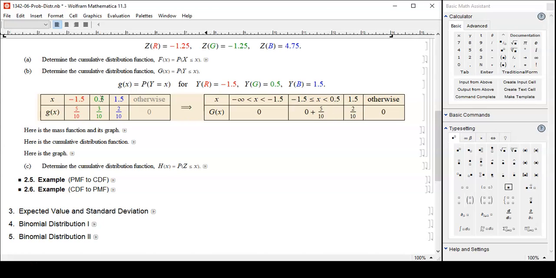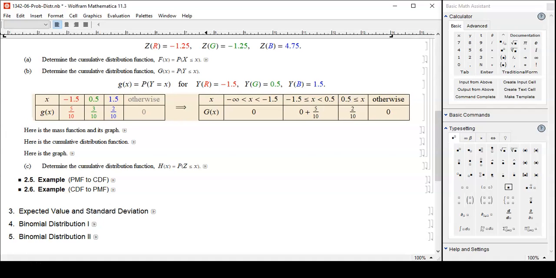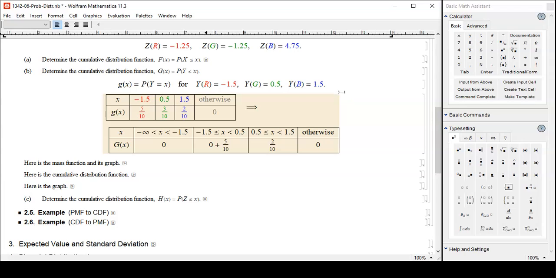Okay, next. 0.5 to 1.5. Same, semi-inequality to the left, strict inequality to the right. And then I have to keep accumulating, right? We were up to here.